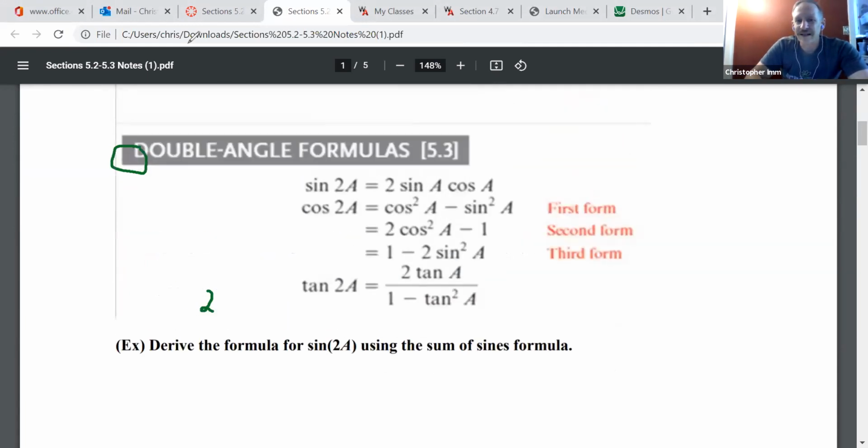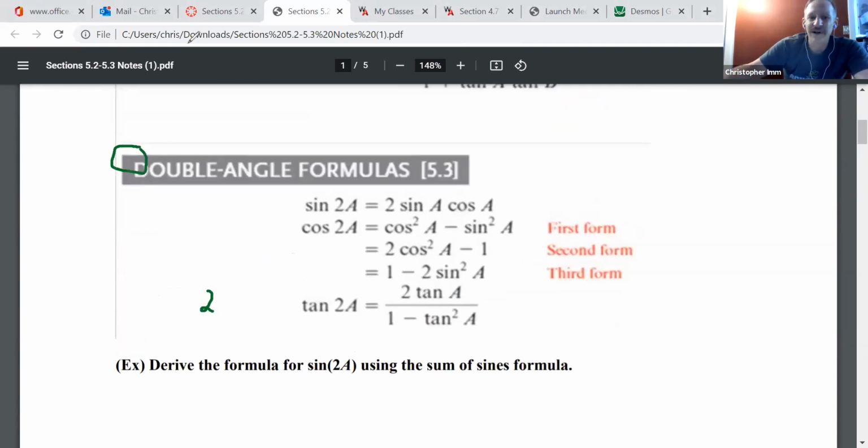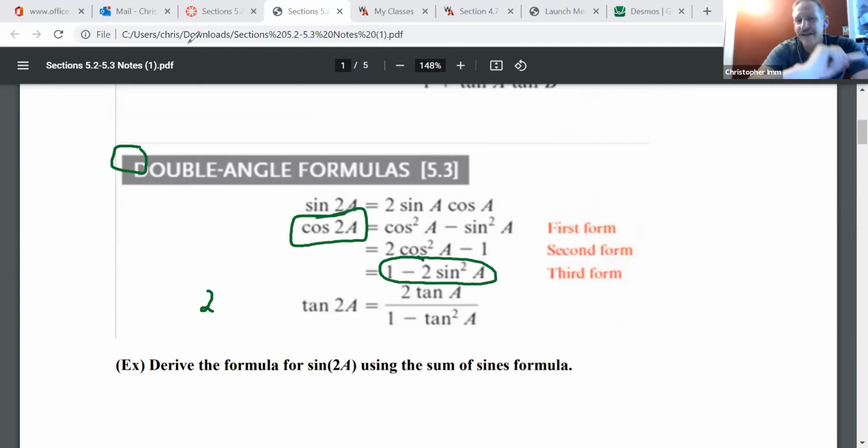When I look at my identities, I see 1 minus 2 sine squared A is exactly the same as cosine of 2 times that angle. So that's the identity I'm going to use.